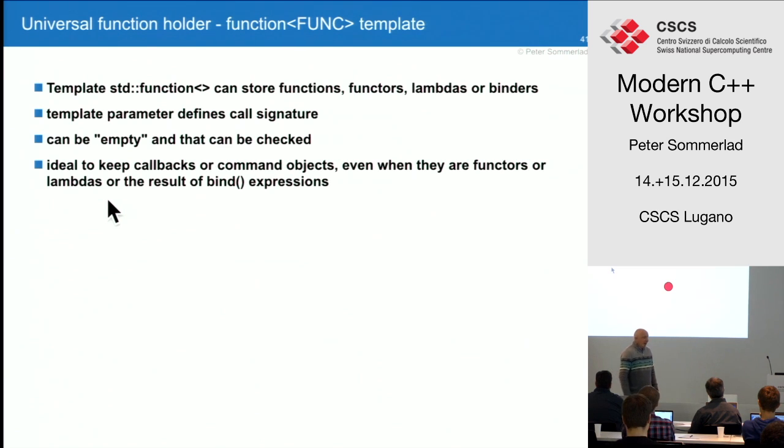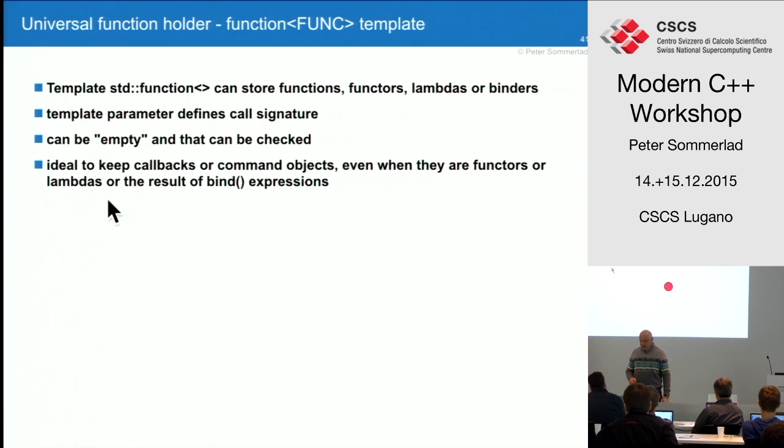And since it can be used as a variable, it can be default constructed, and a default constructed function object of std function type will be empty. That means you cannot call it. If you used to program in C, you might have used function pointers, and if a function pointer were a null pointer, you cannot call a function through the null pointer.